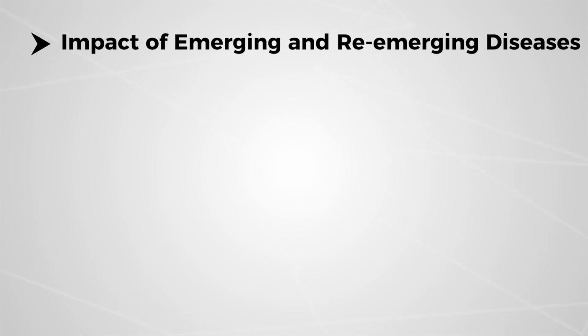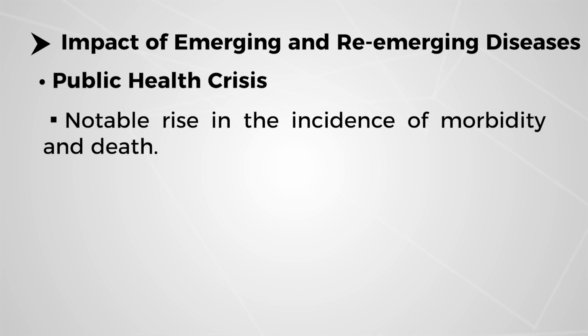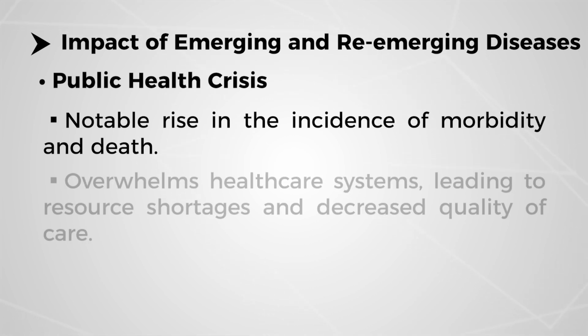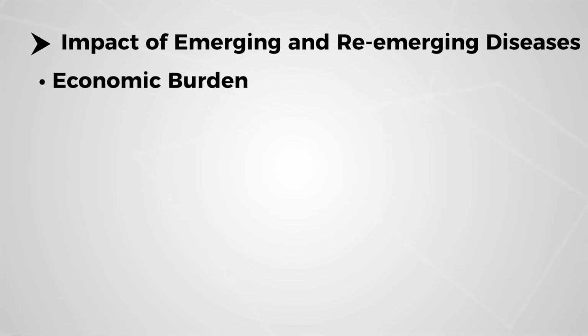Then how does this impact emerging and re-emerging disease? For example, public health crises notably raise the incidence of morbidity and death, or overwhelm healthcare systems, leading to resource shortages and decreased quality of care. And then because of that you also have economic burden, like if more cases of disease are coming, economic burden will be there.